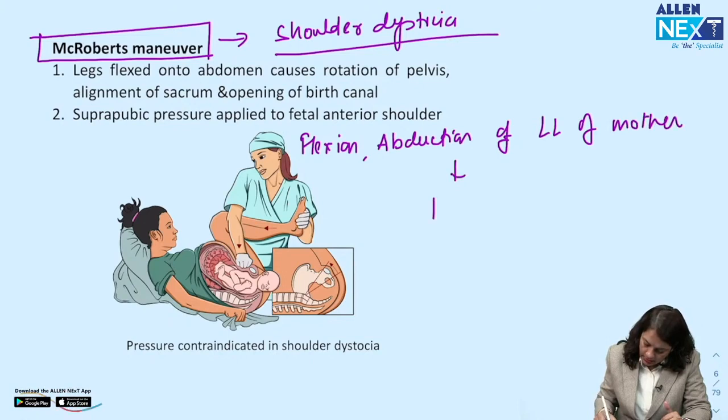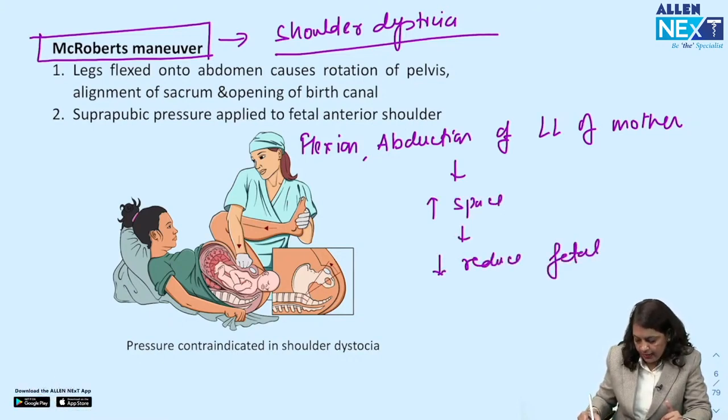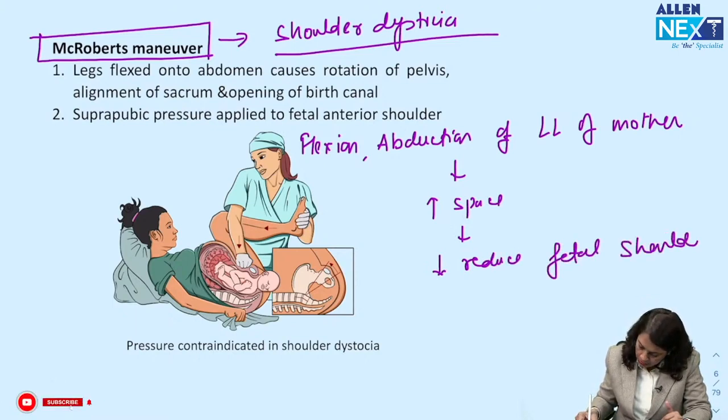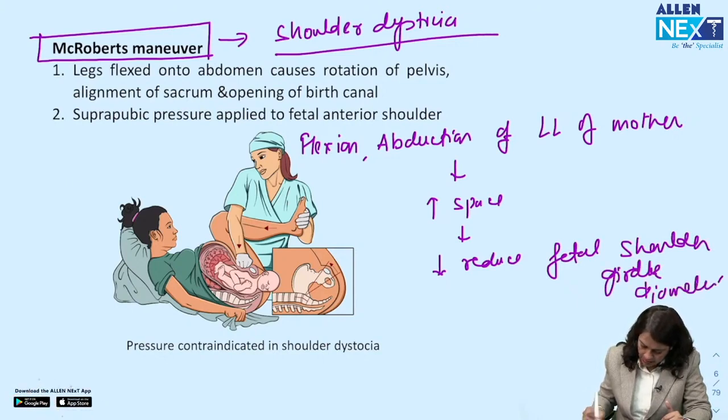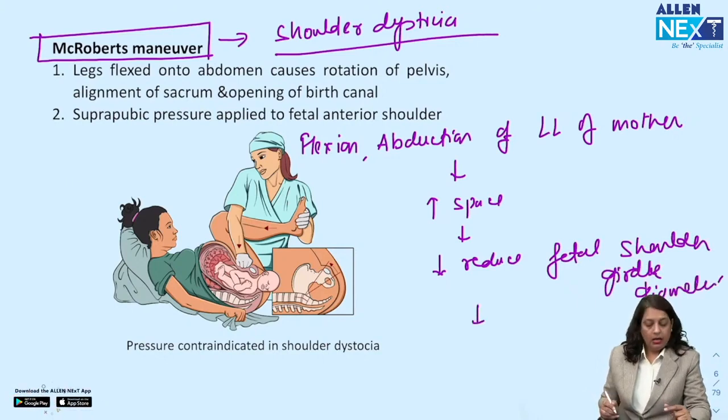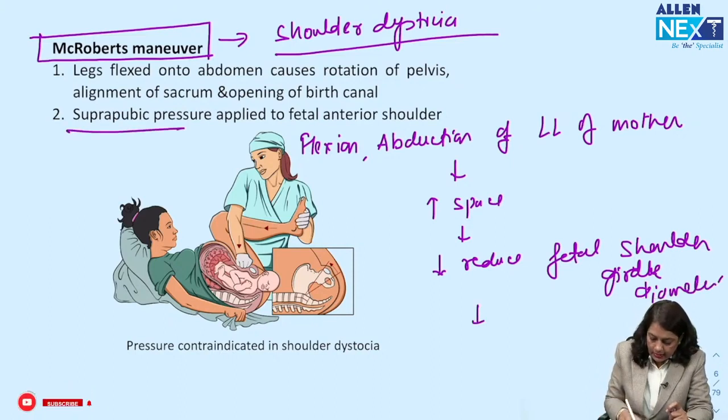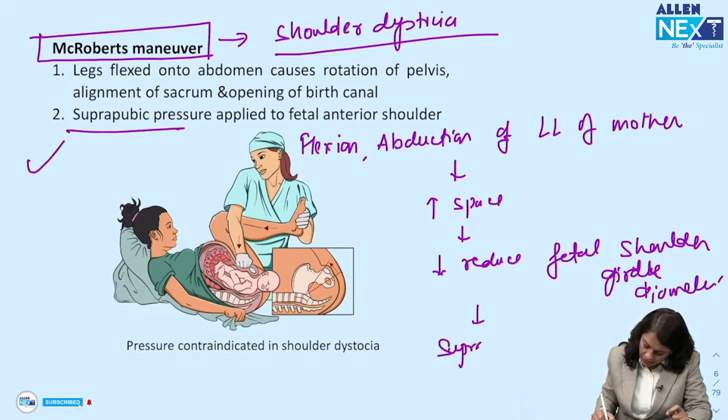This will increase the space in the pelvis, and this will reduce the fetal shoulder girdle diameter. Okay. Now, in this case, suprapubic pressure is applied.